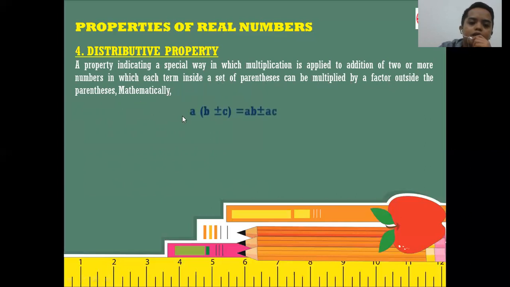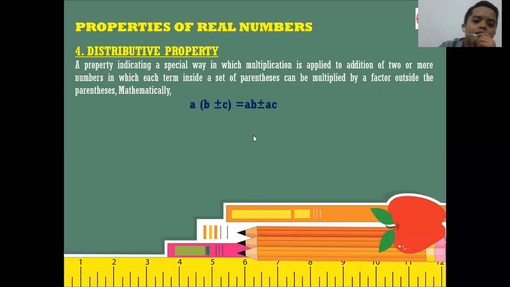Mathematically, if you have a(b plus or minus c), whatever the number or expression outside the parentheses, you distribute it to the inside, and it could be plus or minus. So ab plus or minus ac.